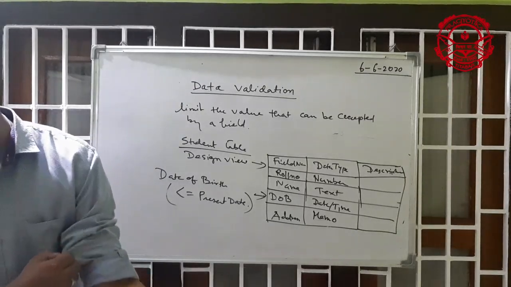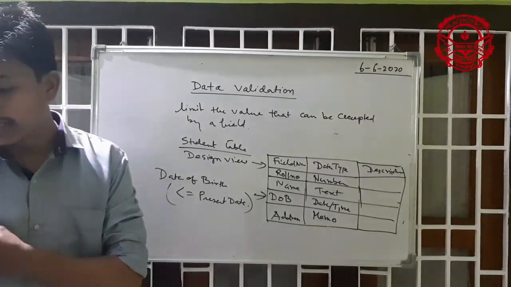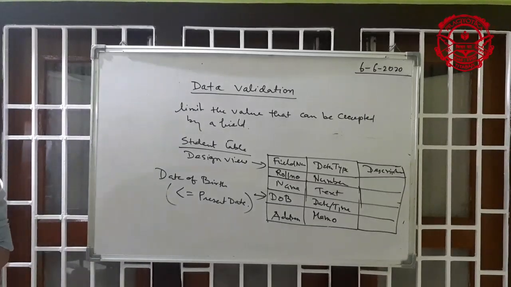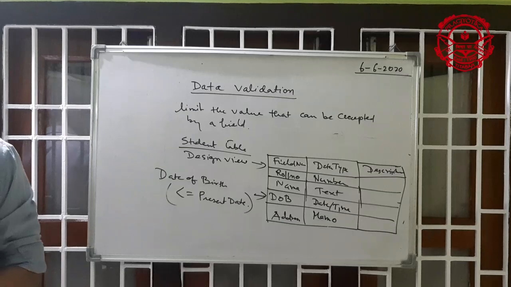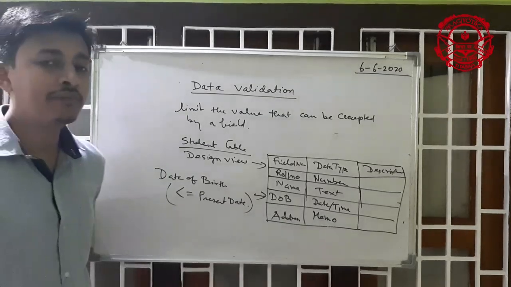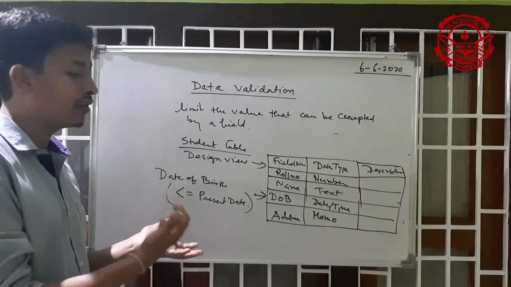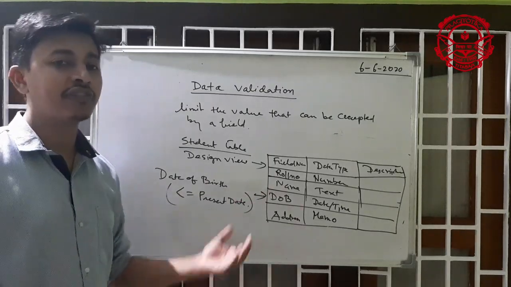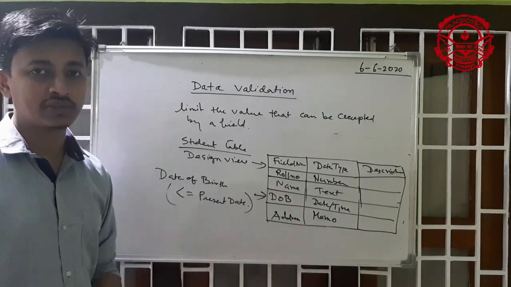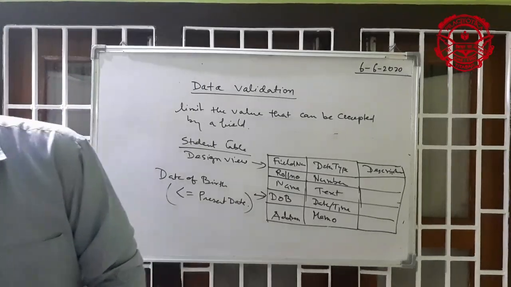It actually takes the data to make sure that it conforms to what you want to appear in the field, in the table. It confirms what value will be displayed in the field.